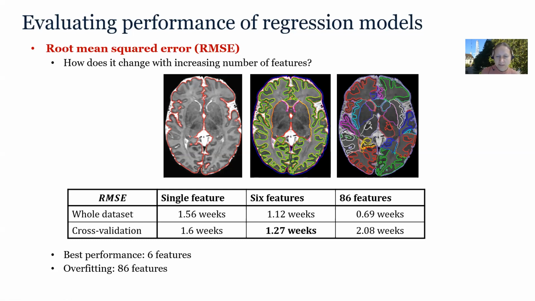So we can clearly see that the best performance is again using this measure for the model with 6 features. It's 1.27 weeks. And with 86 features, we overfitted because we have a large error of 2.08 weeks.